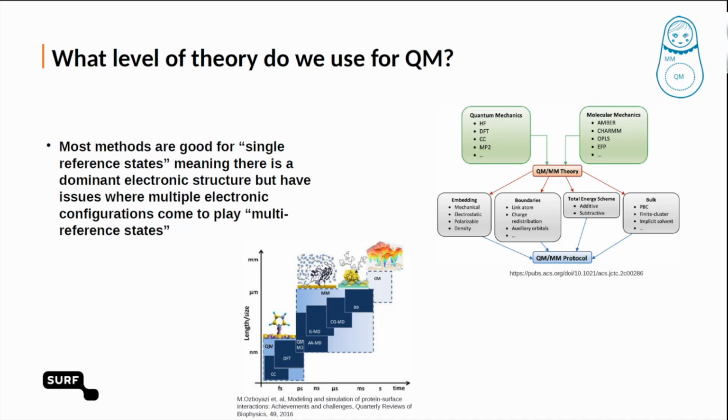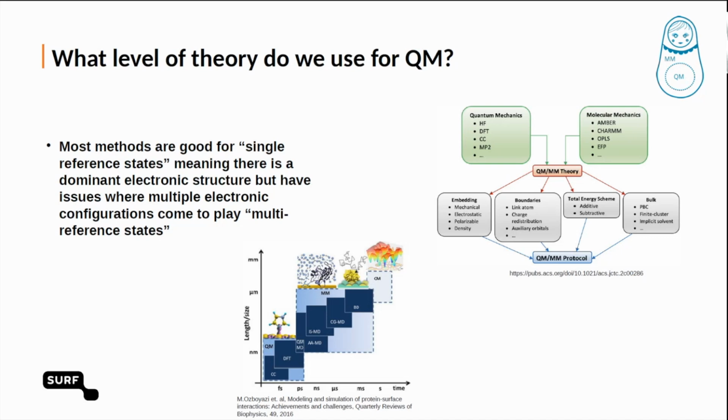Most of the less expensive methods have a lot of trouble with what we call multi-reference states. That's when you have electronic contributions coming from many different areas: strongly correlated states, transition metals, which are in enzymes, for example. Lots of issues with that, or it's very expensive to do.